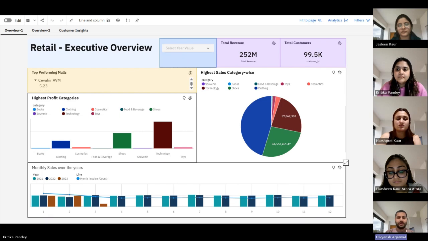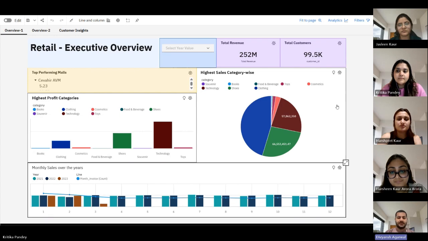Now moving towards the visual charts. The bar chart shows the highest profit category. Here we can see that amongst all the categories, technology and shoes are leading. With that, we can identify high margin segments worth investing in. We can, of course, plan to invest more in these categories.